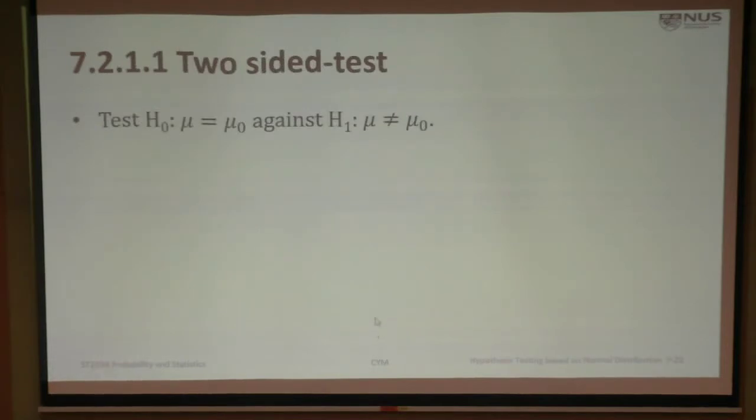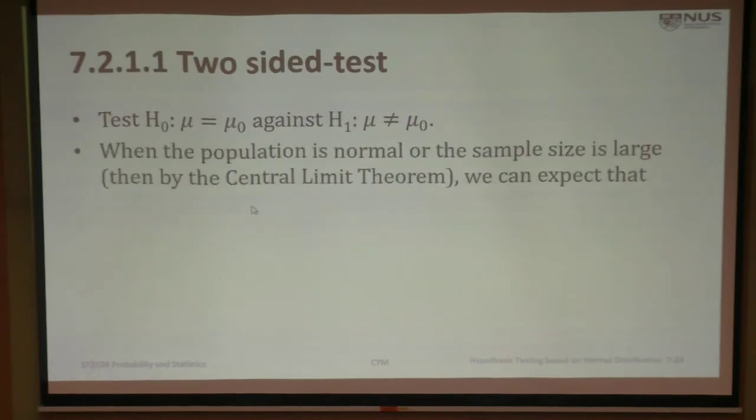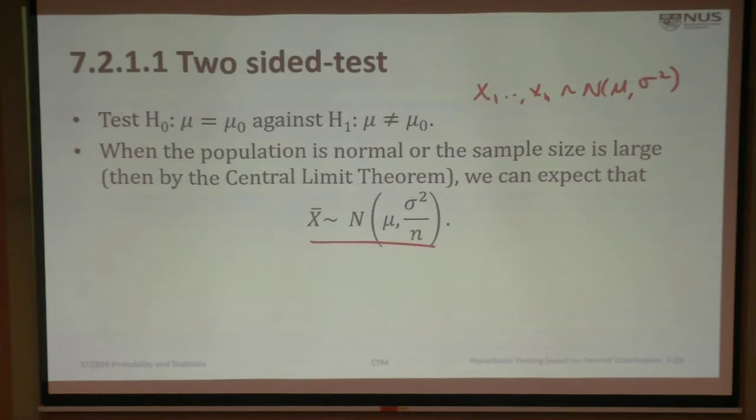So first look at the two-sided alternative. We want to test mu equal mu naught against mu not equal to mu naught. We know that if the underlying distribution x1 up to xn is normally distributed with mean mu and sigma squared, then x bar will follow this distribution.